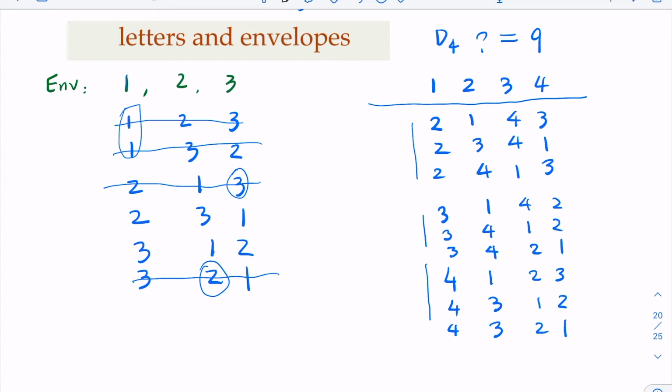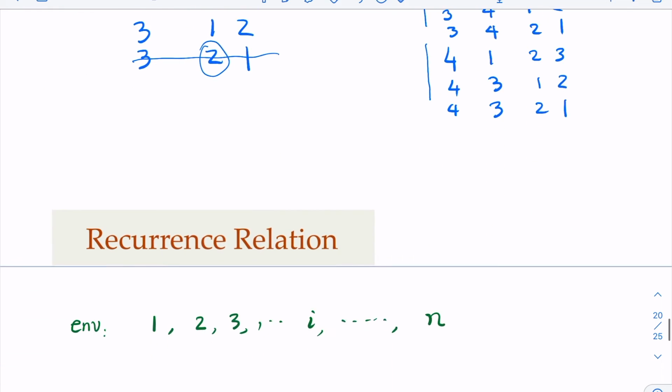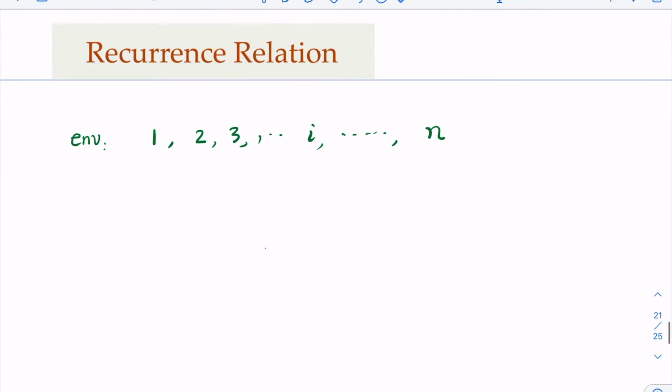We're going to look at the recurrence relation for d sub n. For a bigger number n, we're going to try to figure out d sub n through the recurrence relationship. Okay, let's do some analysis here. This time we have n envelopes.